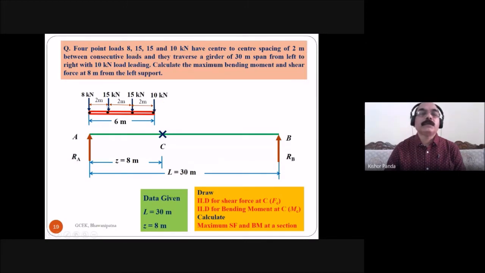Each load is 2 meters apart, 2 meters, 2 meters, 2 meters, so the total length is 6 meters. The 10 kilonewton load is the leading load, meaning this is the front load. These are the back loads. Here we have to draw the ILD for shear force at C and the ILD for bending moment at C. Then we have to calculate the maximum shear force and bending moment.